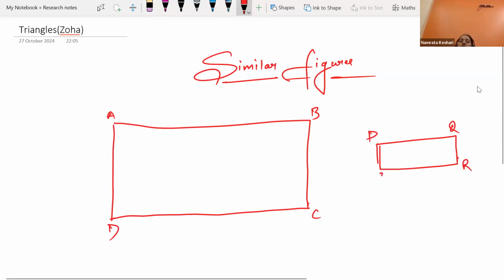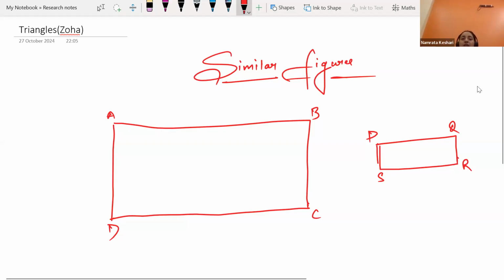Now congruency means we understand that two shapes are exactly the same in shape and also in size. Size also has to be the same. Okay. That's the meaning of congruency. Right, Zoha? Yeah, they're exactly the same. Like all of the properties are the same. Yes, everything is the same. But similar figure means they are like the same figure we are having.